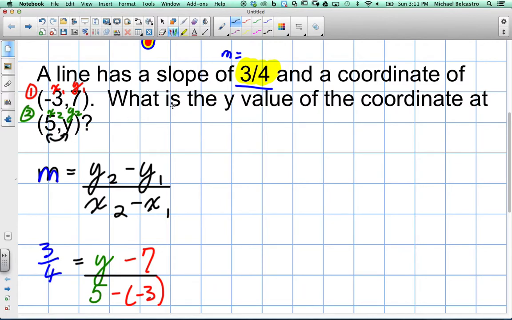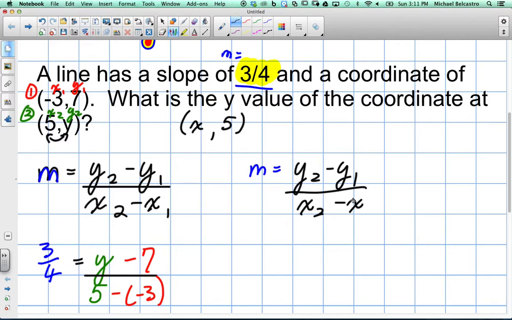Okay, what if, with the same formula, these were switched? Let's do the same idea, because it's a little more complicated when we're solving for the x. The x was unknown, and we'll say the y was the value of 5, with everything else being the same. So our m is still, we'll set it up, m is equal to y2 minus y1 divided by x2 minus x1. Our m we knew was 3 over 4.